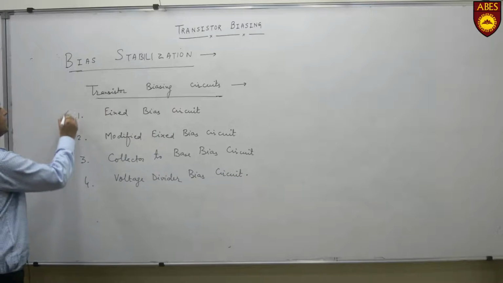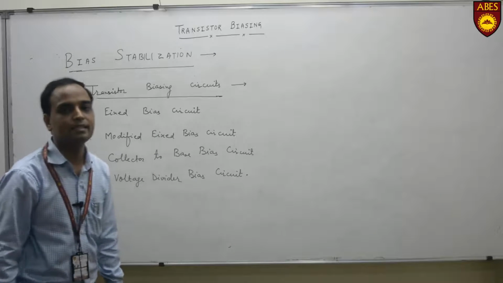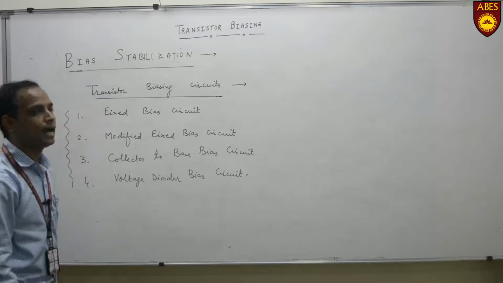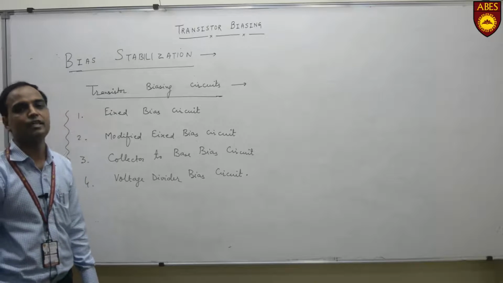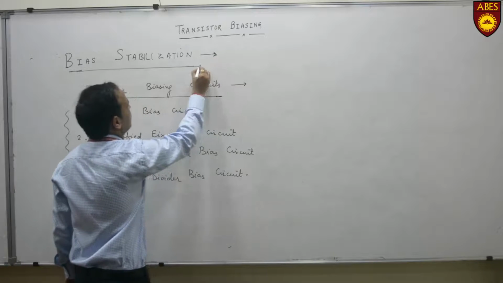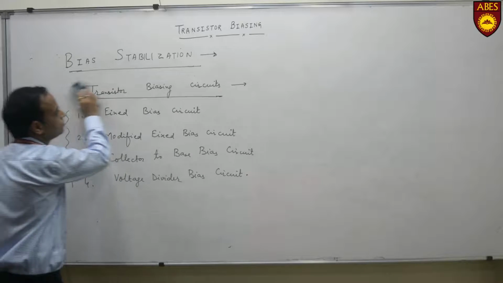Now these are the biasing circuits with the help of which we can stabilize the position of the operating point so that faithful amplification can be achieved. Let's discuss one by one.